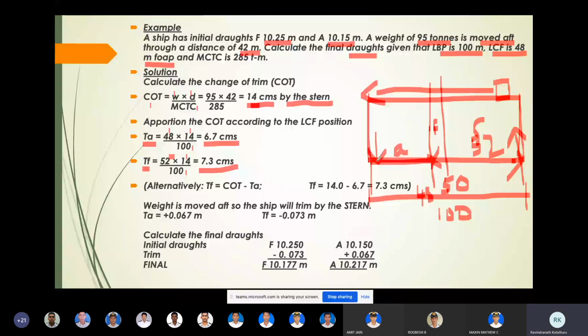Always try to write it with the symbol so that you have clarity on what you're doing. Write it as plus 0.067, converted into meters, and forward as minus 0.073. Then apply the corrections to the initial aft and forward drafts and you will get your final drafts.